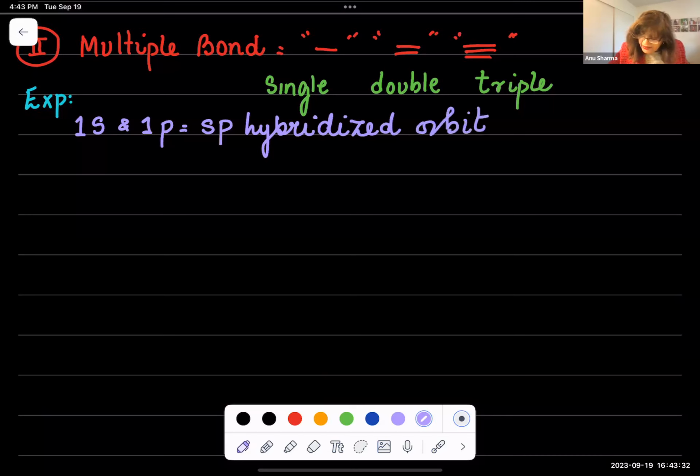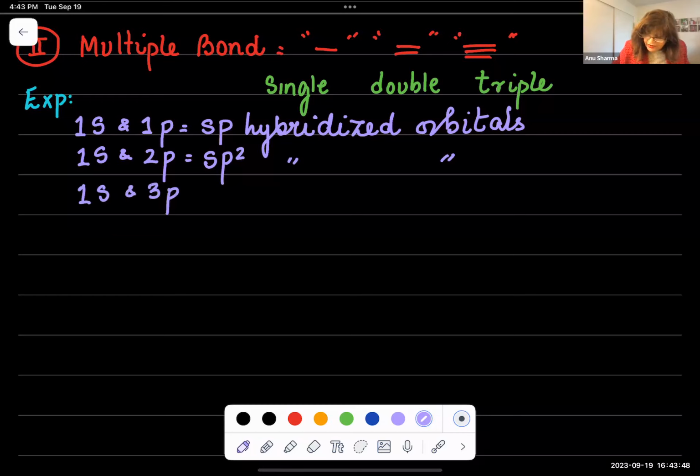Next, when 1 of S and 2 P's mix, then they create sp2 hybridized orbitals. So when 1 S and the 3 P's mix, then they create sp3 hybridized orbitals.